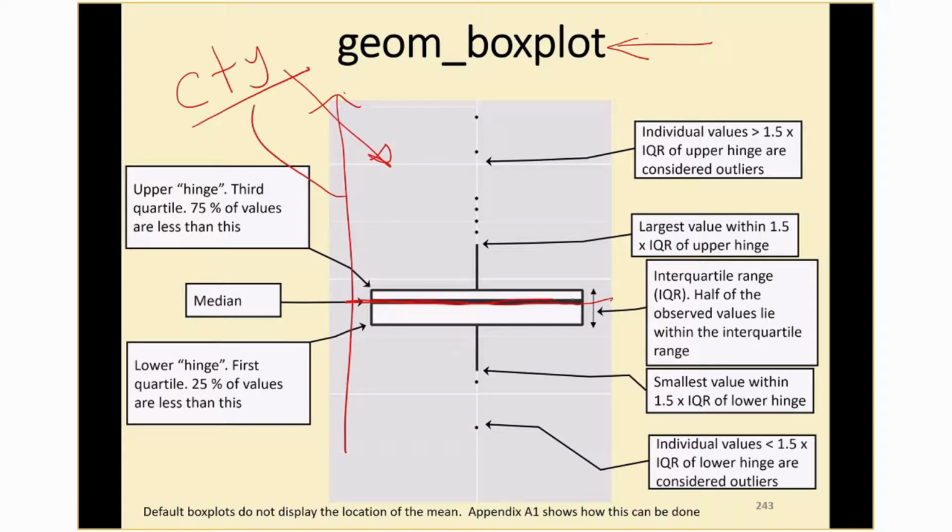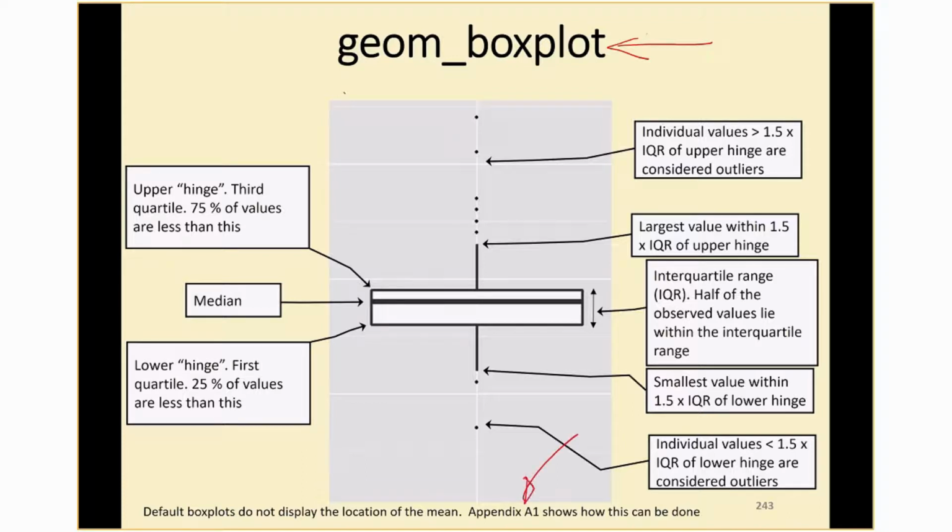This thick black line here represents the median, such that 50% of the values of city mileage in the data frame mpg would be greater than that, and 50% would be less than that. By default, box plots do not show where the mean is. If you want to put a mean on your box plot, go to Appendix A1 and you'll see how to do that.